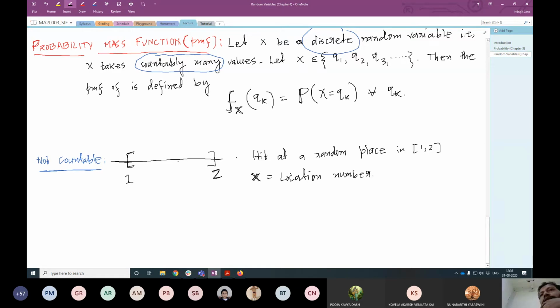Now if you think about this, how many possible numbers are there in between 1 and 2? First of all, there are infinitely many, and not only infinitely many, this is actually uncountably infinitely many. Why is it uncountably infinite?